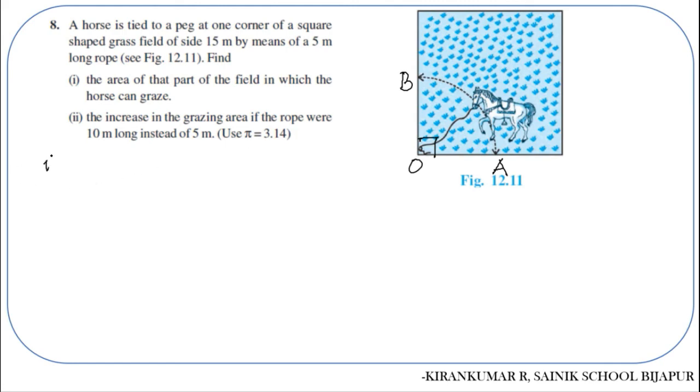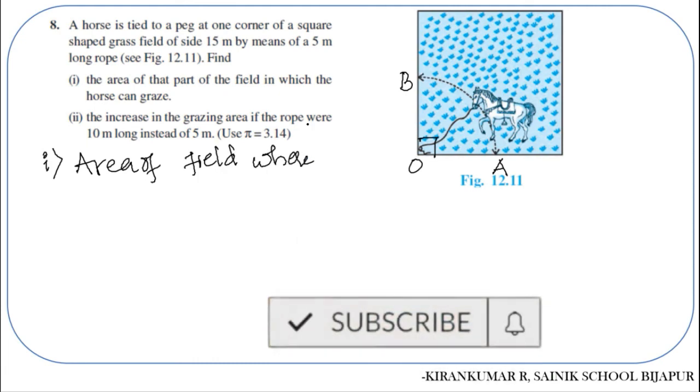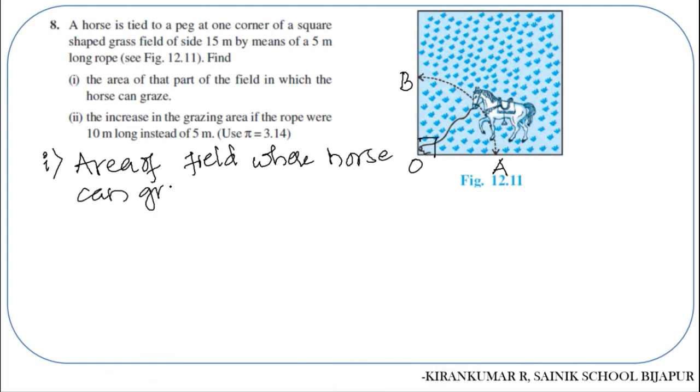So first I'll find out area of field where horse can graze. It will be equal to area of sector.